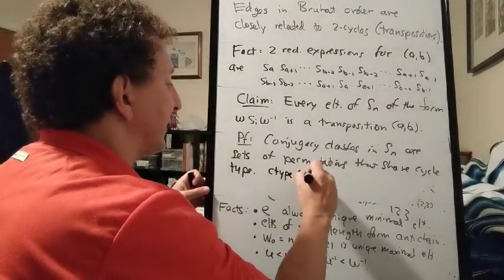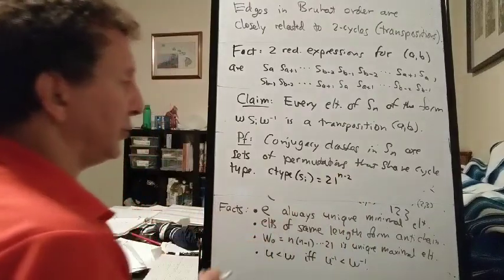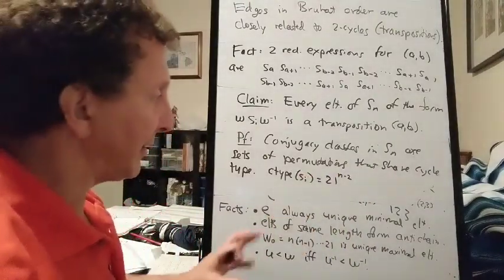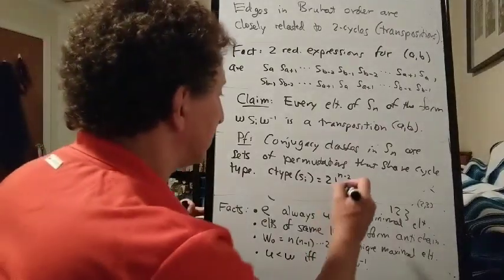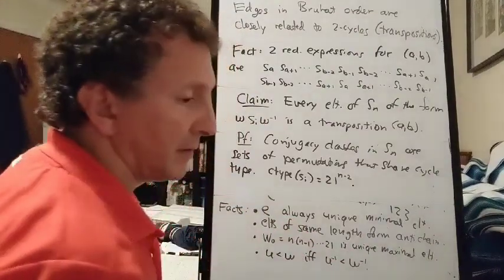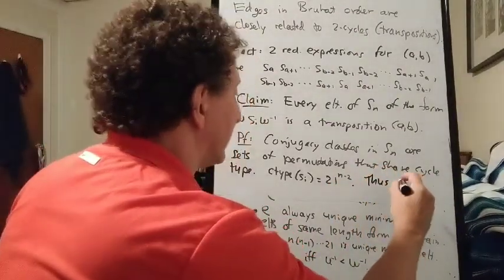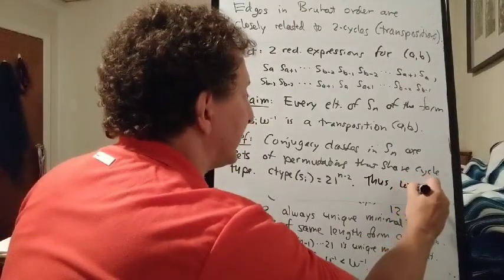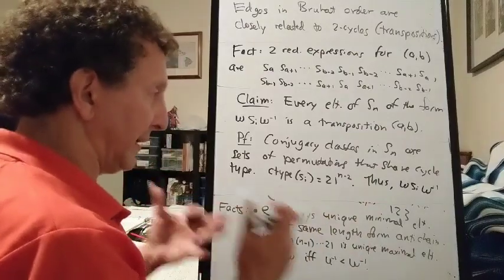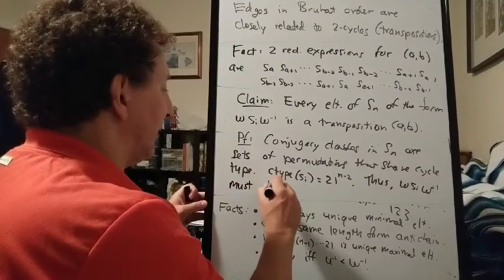Now the cycle type of Si is 2 and n minus 2 ones, because we've got I and I plus 1 in a cycle together and everything else in its own one cycle. So that means W SI W inverse, which is conjugate to Si in the same conjugacy class, must also have this cycle type.